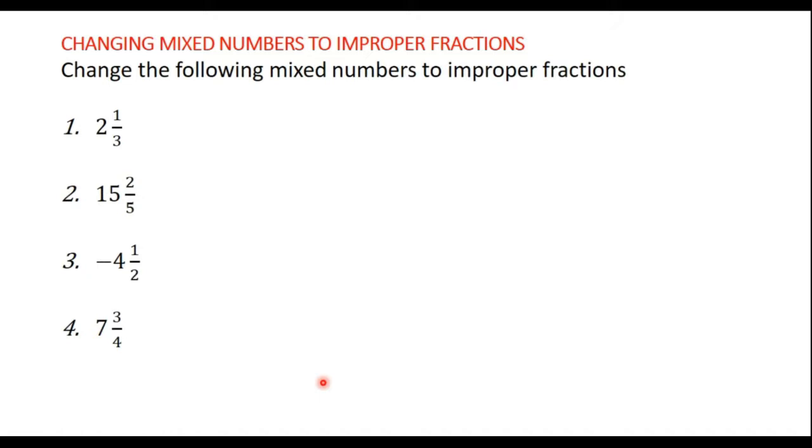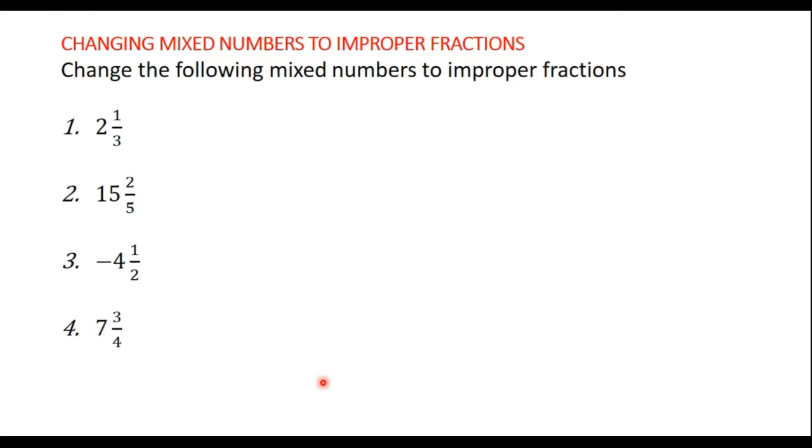Remember, some books refer to mixed numbers as mixed fractions. So we are going to change 2 whole number 1 over 3, 15 whole number 2 over 5, negative 4 whole number 1 over 2, and 7 whole number 3 over 4 to improper fractions.